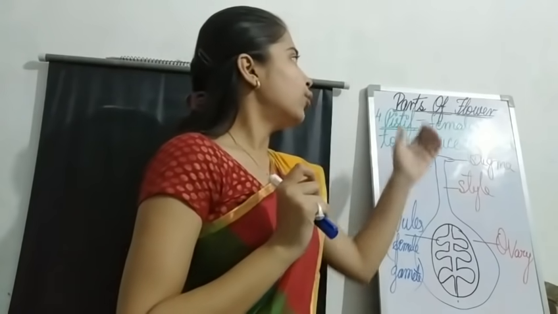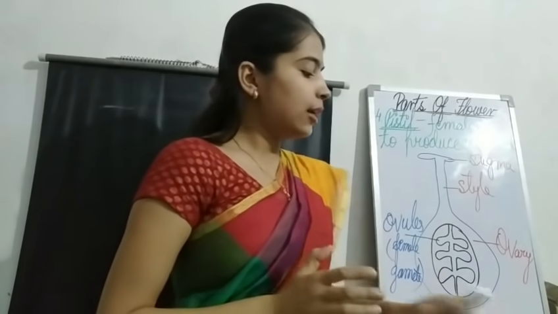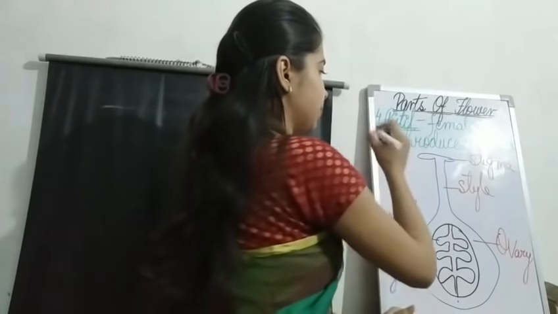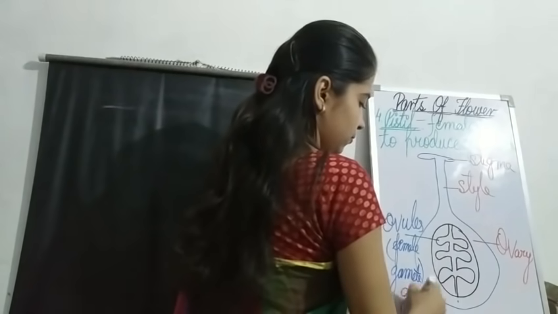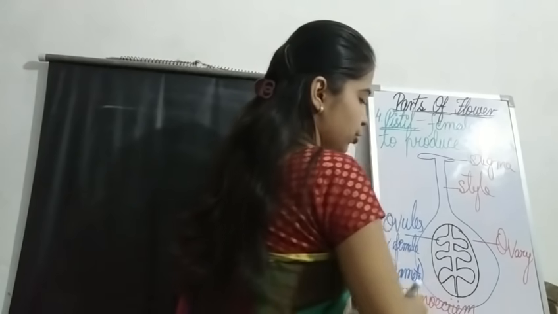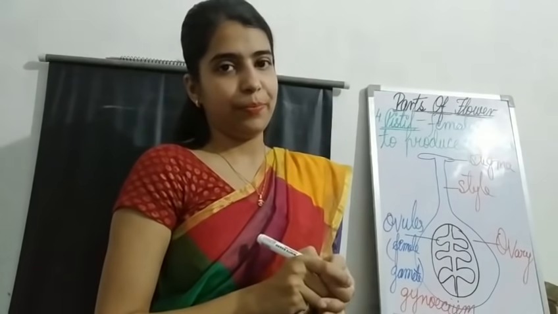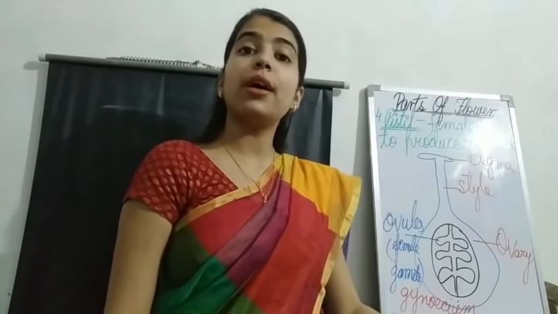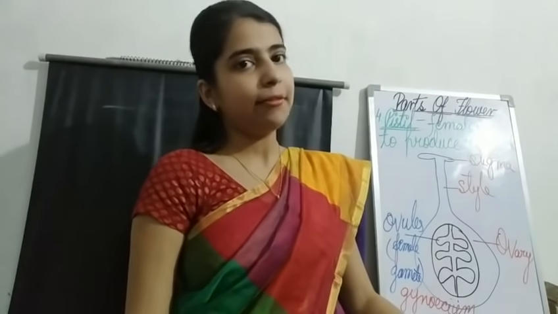Clear? So, the pistil altogether is termed the gynoecium. The pistil is also termed gynoecium. Clear? So, the function of the pistil is just to produce the female cells in the flower.